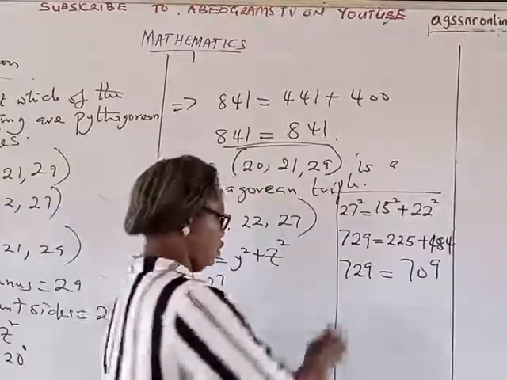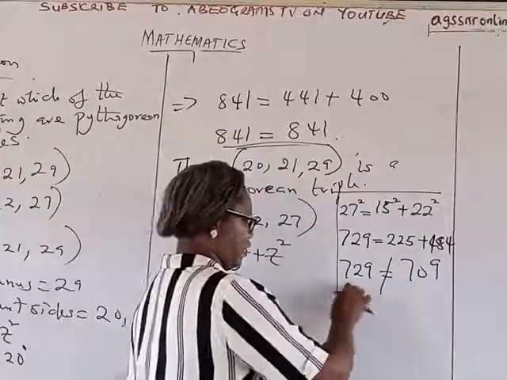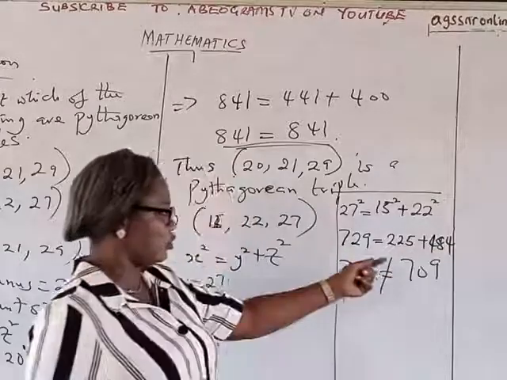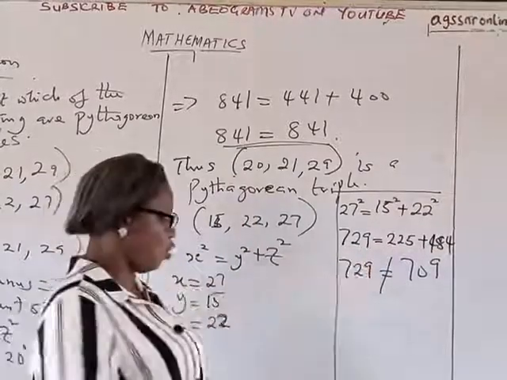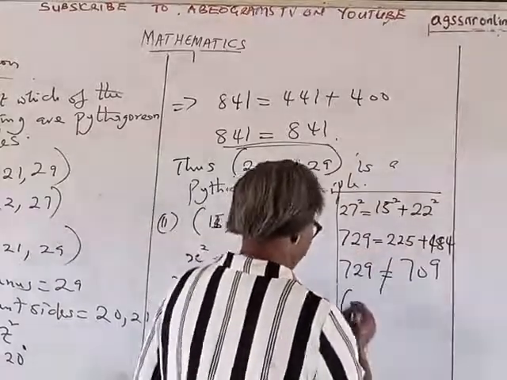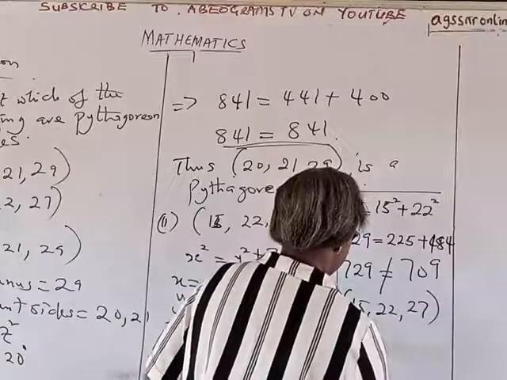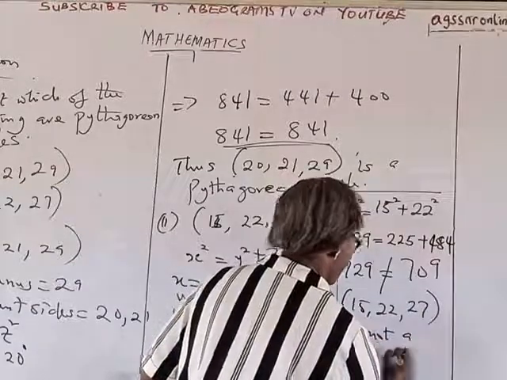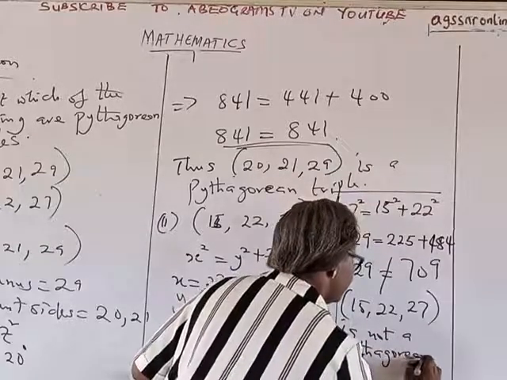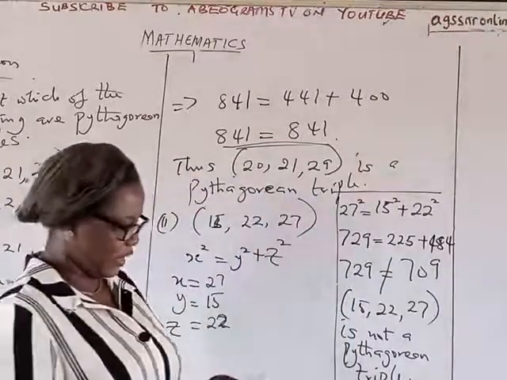That means the addition of the squares of the two adjacent sides is not equal to the square of the hypotenuse side. And so we conclude that this set of 15, 22, and 27 is not a Pythagorean triple. So that's that on Pythagorean triple.